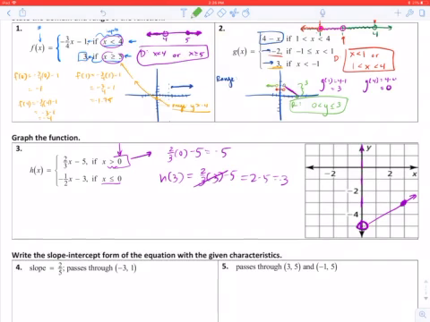Now let's do the other one, in green. This one will be a closed circle when I plug in 0, and it's just going to be -3. Let's figure out one extra point. This time I'm going to pick h of -2, because it cancels out that first fraction very nicely.